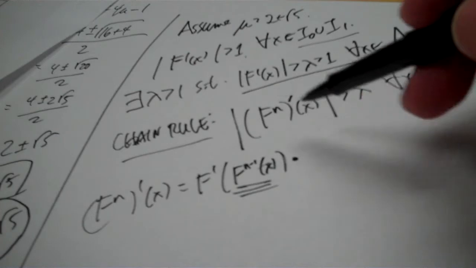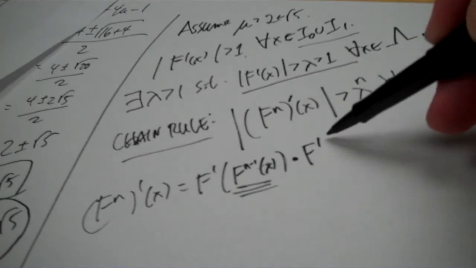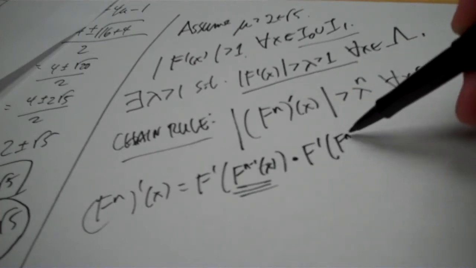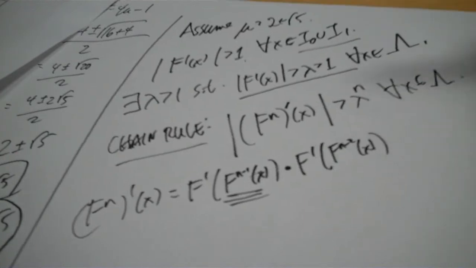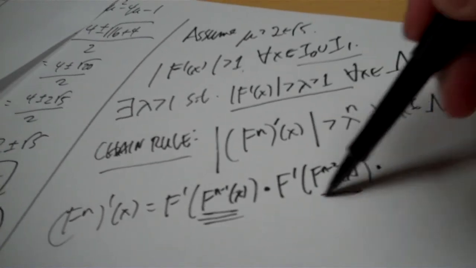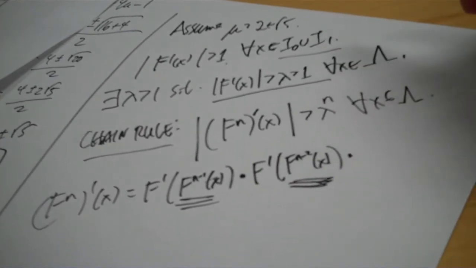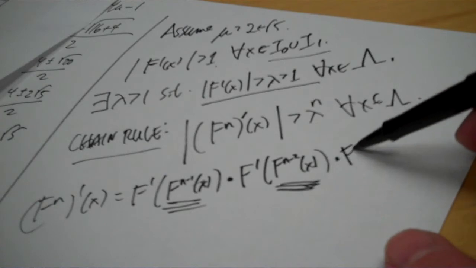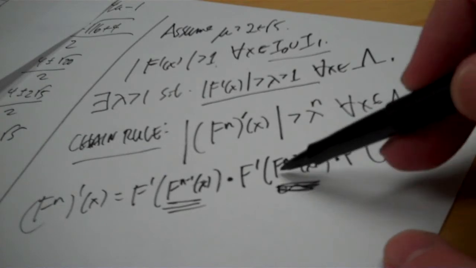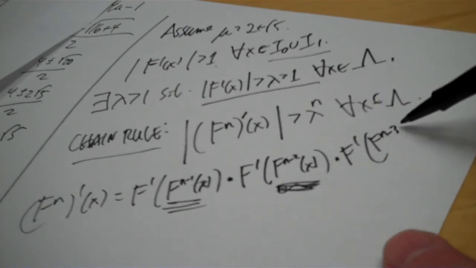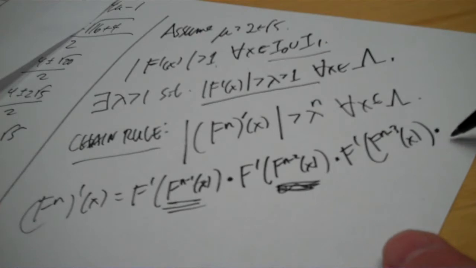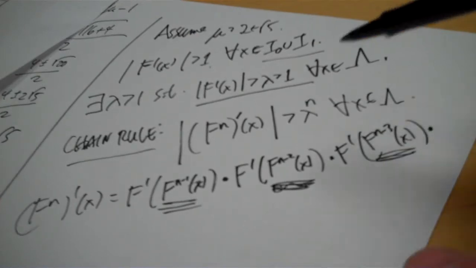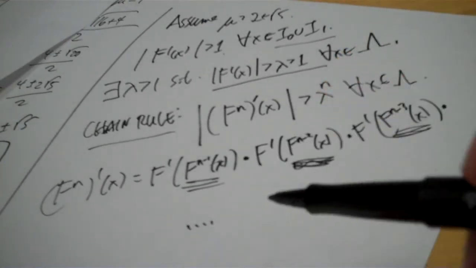The derivative of an iterate is the derivative, and then you leave the rest of them alone, times the derivative of the inside. Remember, that's the chain rule: always the derivative of the outside guy with everybody inside left alone, times the derivative of the next guy. And so that's f prime, where you left behind n minus 3, times the derivative of what's inside there, and sooner or later we have to write dot dot dot here, right?